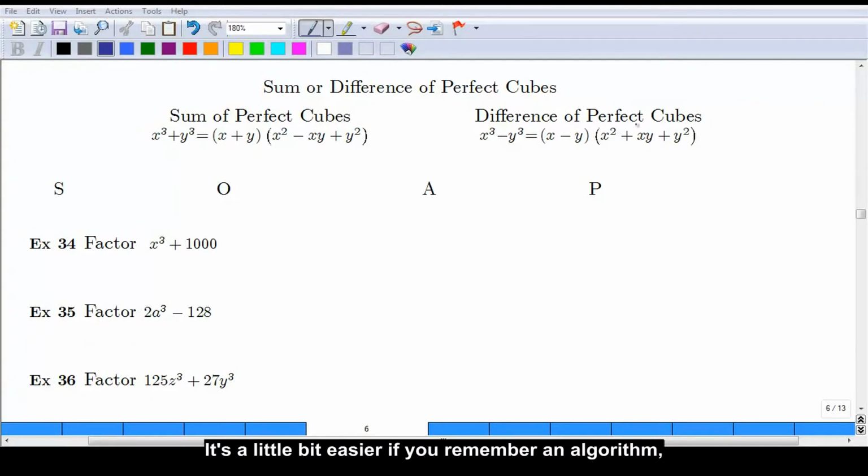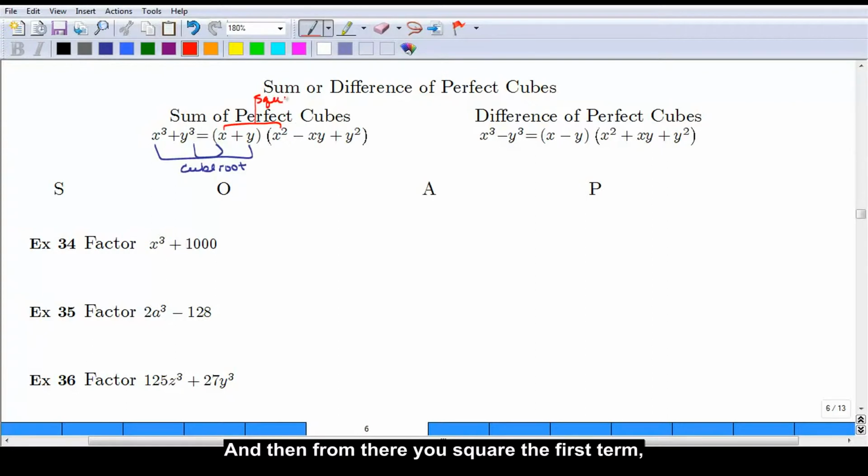It's a little bit easier if you remember an algorithm, which is you take the cube root of each of these, so the cube root of x, the cube root of y, and then from there you square the first term, so you kind of ignore the original problem.